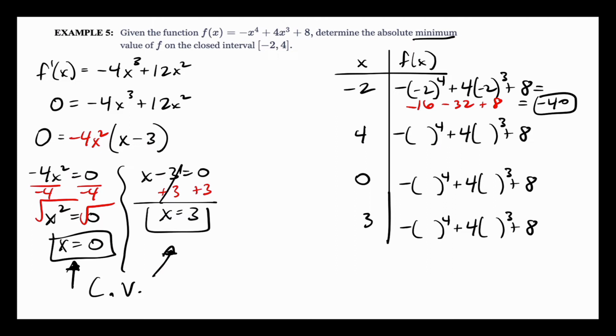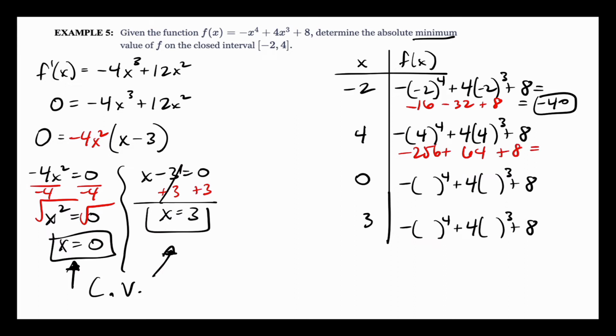Plug in +4 now. 4 to the fourth is 64. So -64. 4 cubed is, wait, no, that's 64. Yeah, that's 64, times 4 is 256.